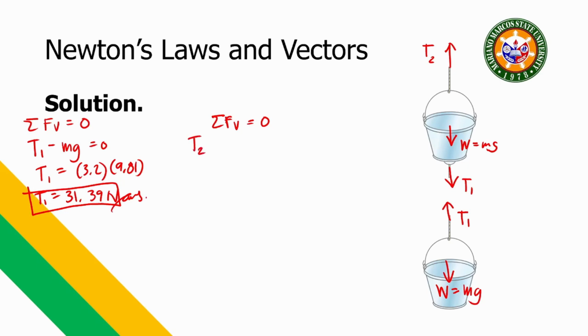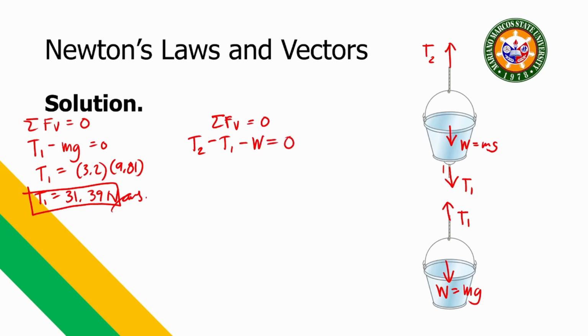Take note lang, kung nakakita kayo ng wire sa system, yung direction niya lagi is away from the body. So, T2 minus T1 and then minus the weight of the bucket. This summation of forces is equal to 0.